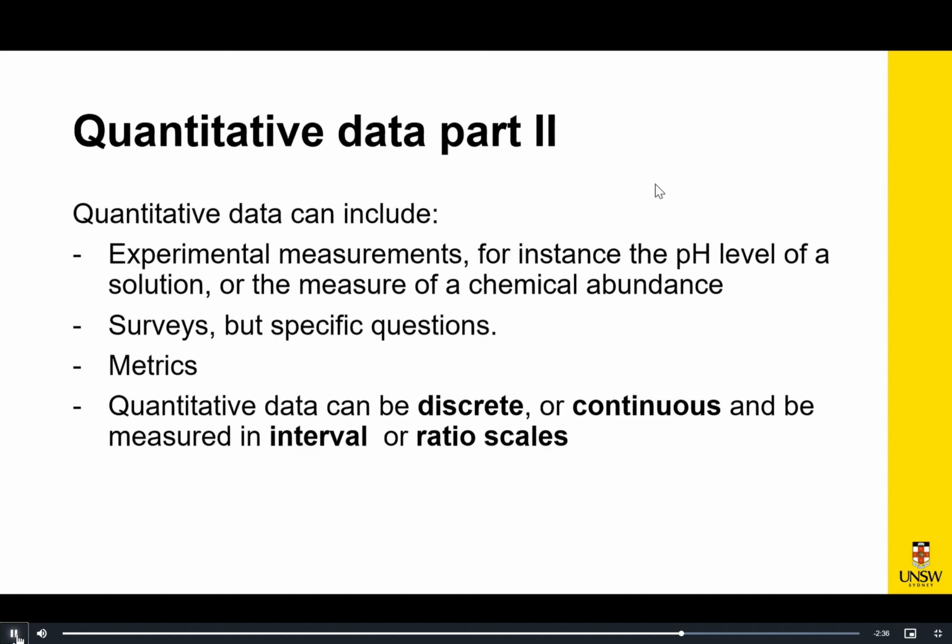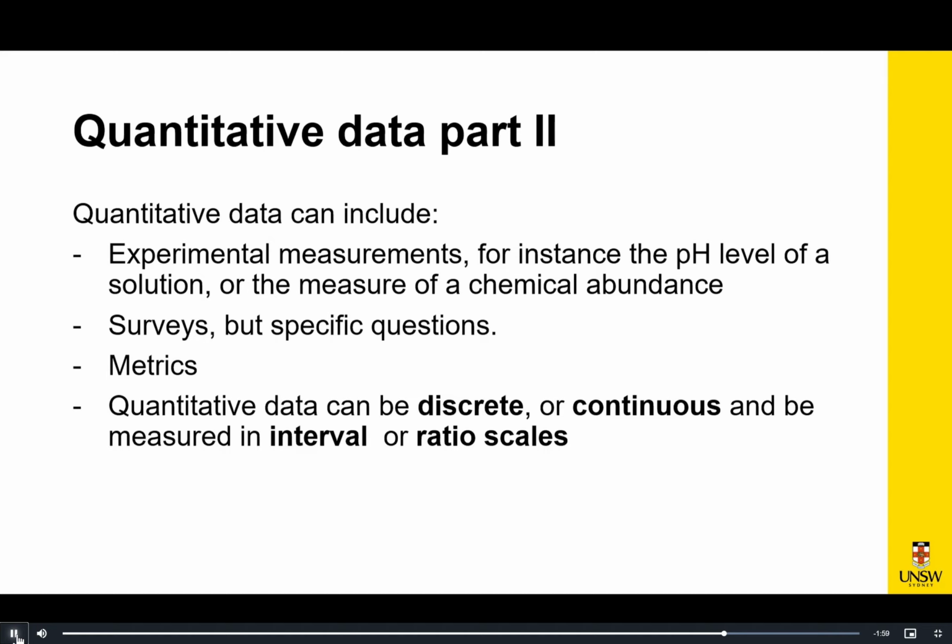Basically, the difference between interval and ratio scales is that ratio scales, if memory serves, have things which can be broken down into exact values, and ratio scales can be divided, added, subtracted, and multiplied.